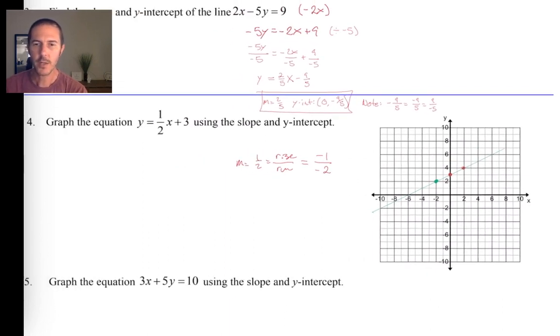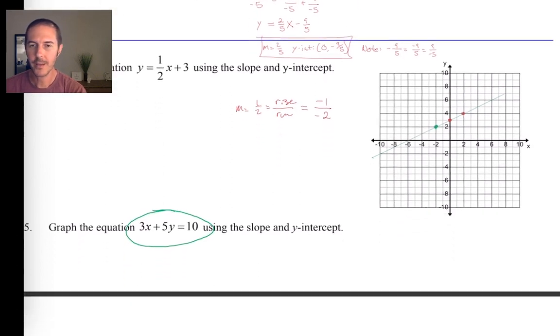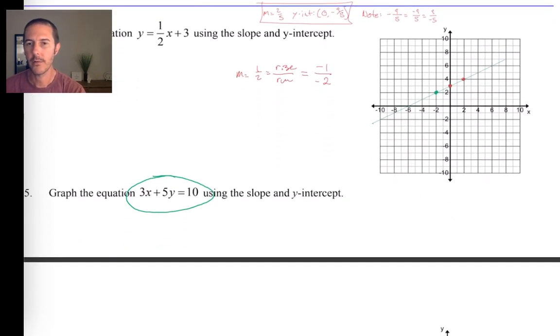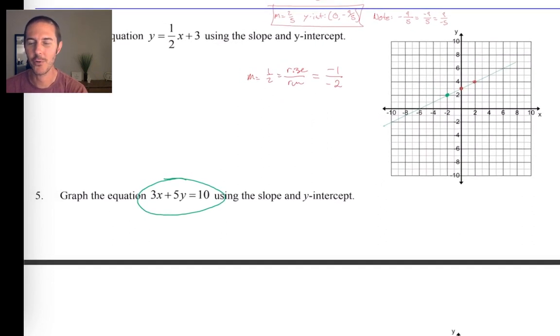The next question asks us to graph this equation using the slope and the y-intercept yet again. This equation, however, is not in y equals mx plus b form, so that's not very helpful. It doesn't start us off in the right direction.